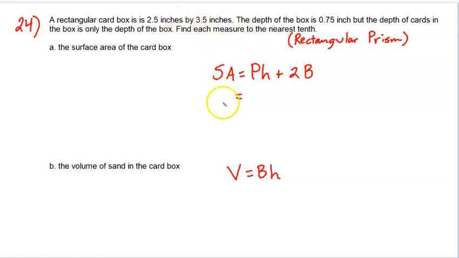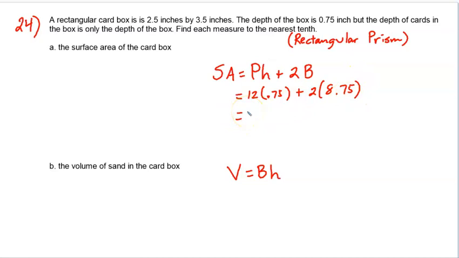So that's 5 plus 7, which is 12, times the height, which is 0.75, and then 2 times the area of the base. So the base would be 2.5 times 3.5, and that's 8.75.